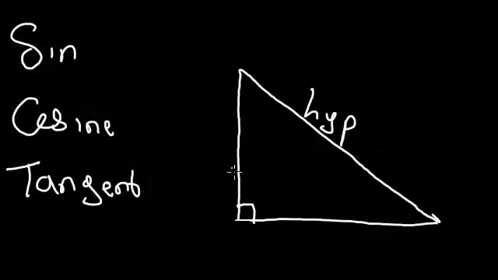Now the opposite is the side that is standing vertically. That's OPP written for short, while the adjacent is the side that is on the horizontal ground, which is written for short as ADJ.